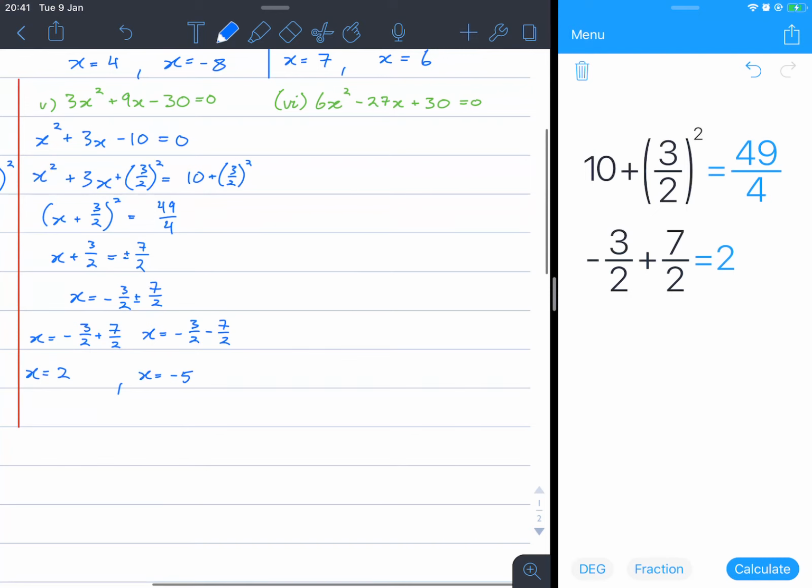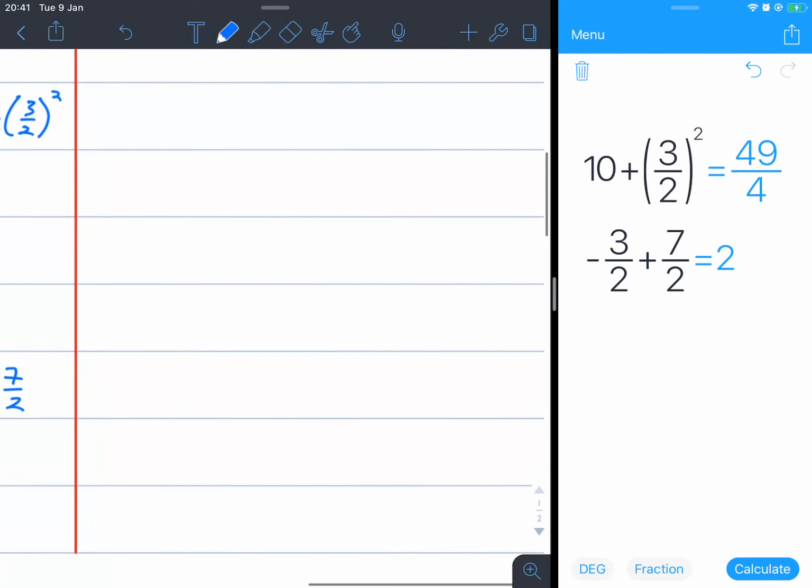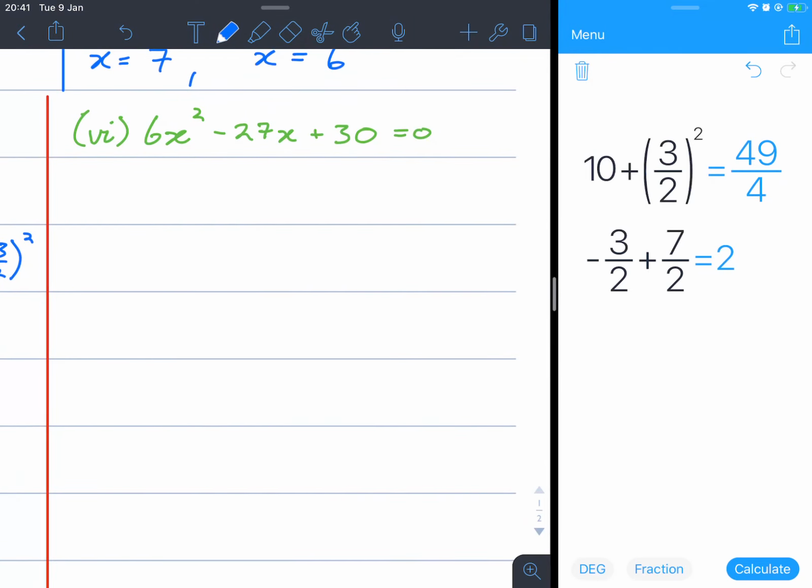One last example. Dividing out everything by 6. Now this one's going to be the hardest one, but you can give it a go yourself at any time.